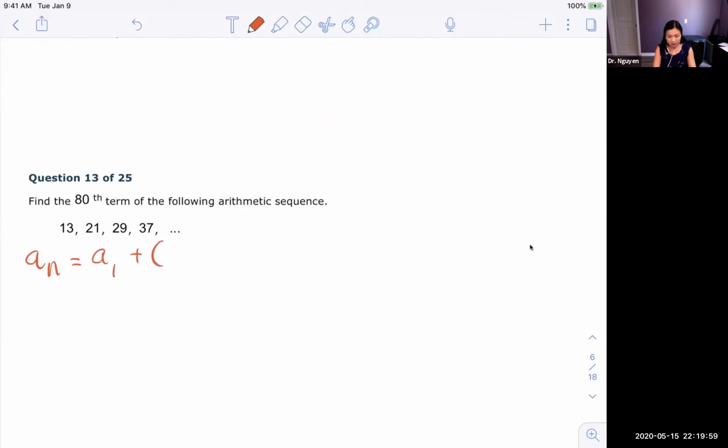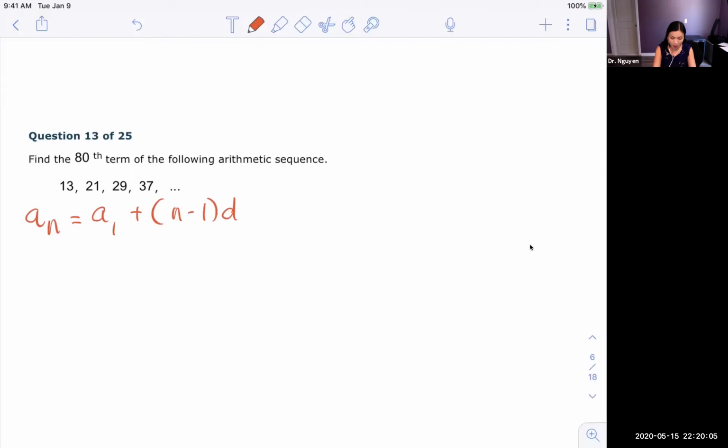So a_1 plus (n minus 1) times d. In this case, we're looking for a_80, right? So a_1 in this case is 13. n in this case is 80 minus 1. Now you need to figure out d.